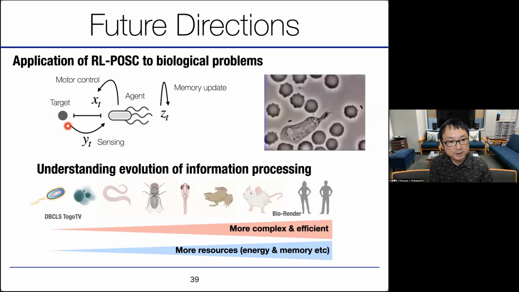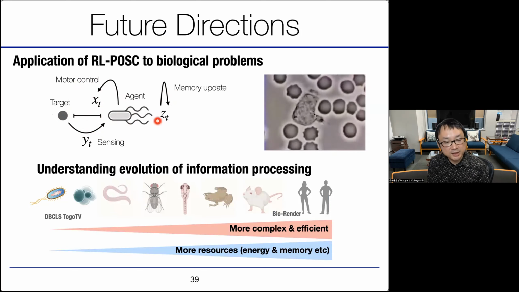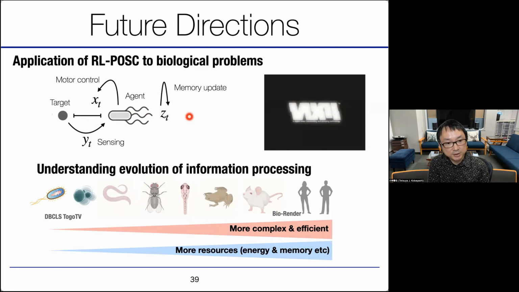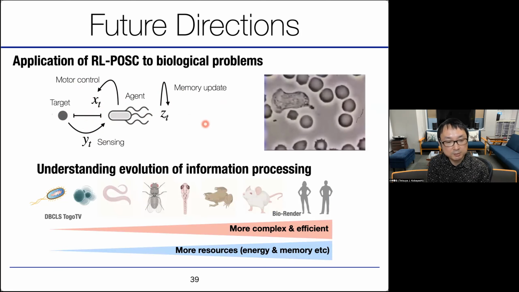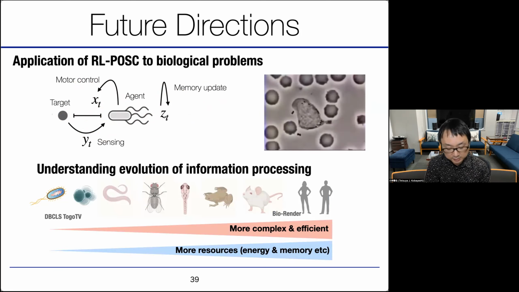This kind of problem can be formulated like this. The agent senses the target and then controls its motor to minimize the distance between target and agent. This agent should also optimize the dynamics of its memory update. So this kind of problem maybe can be addressed by our approach.